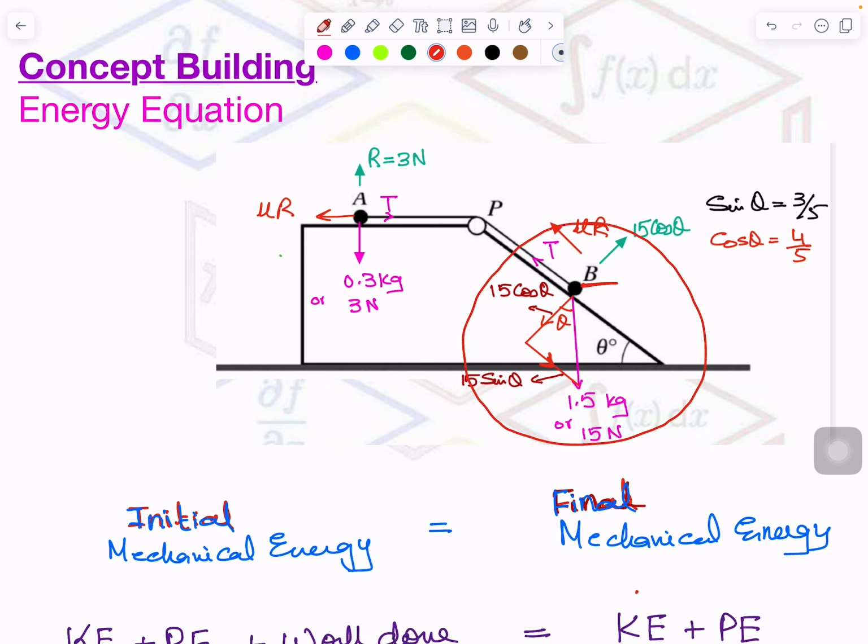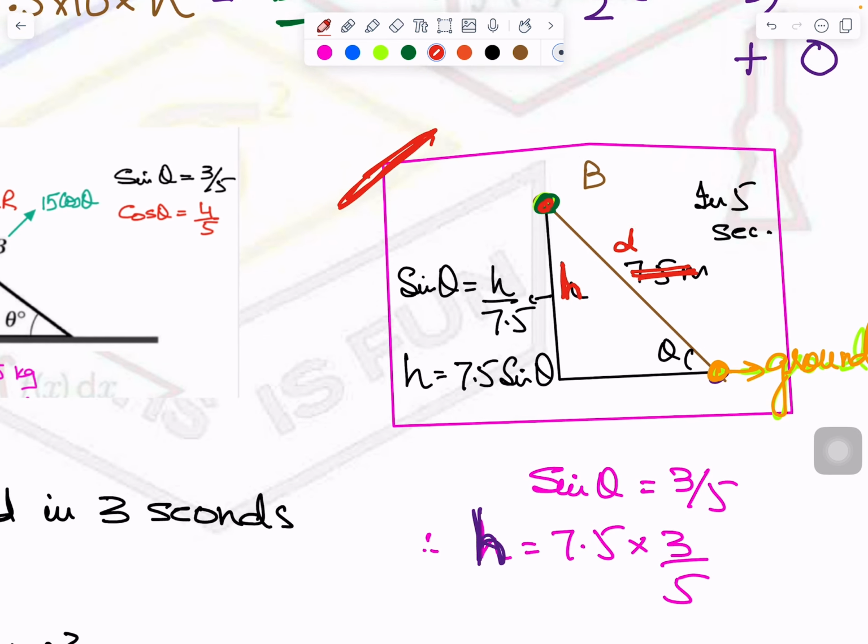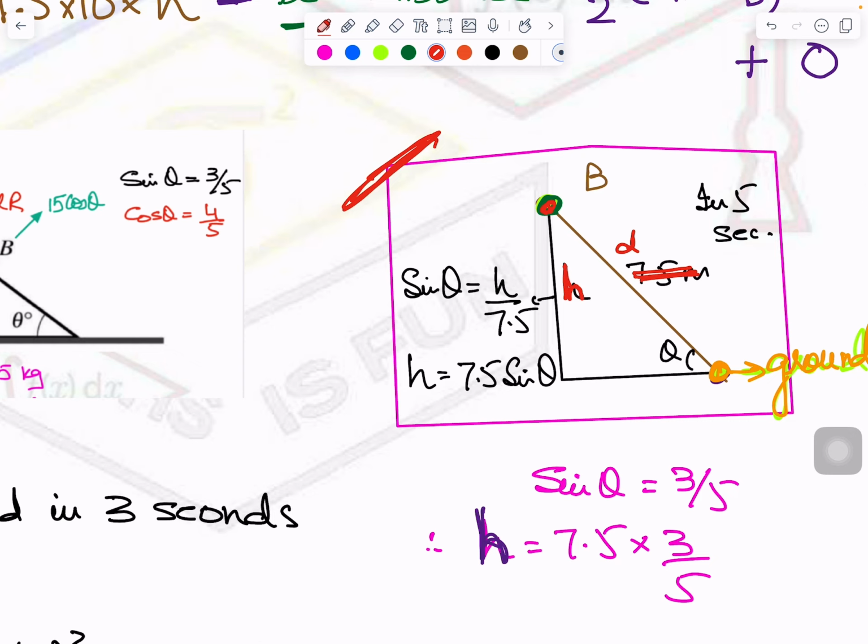Now, the particle is here. The distance it will cover, we will find out. I have written here the value which I have already found, but right now it is unknown. So we will find this out. Let me call it d right now. And this is the height which is changing in potential energy.